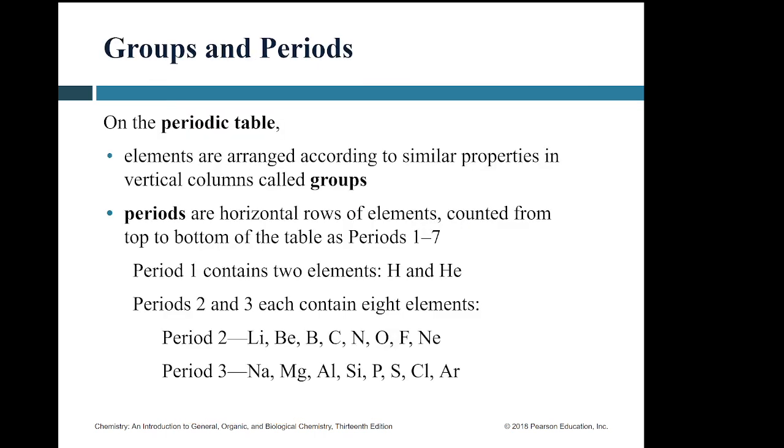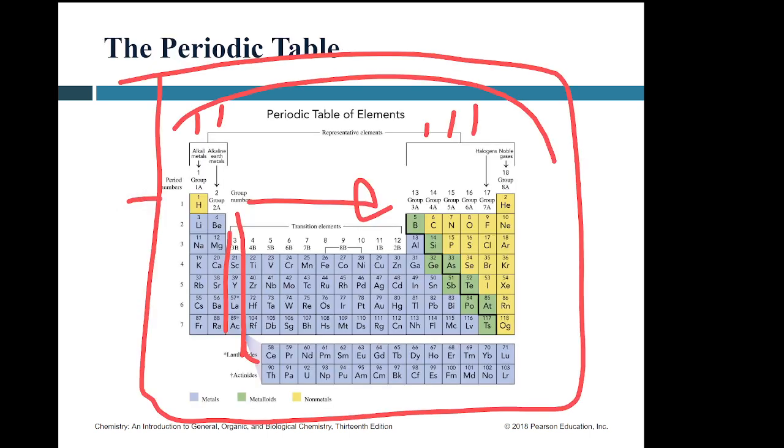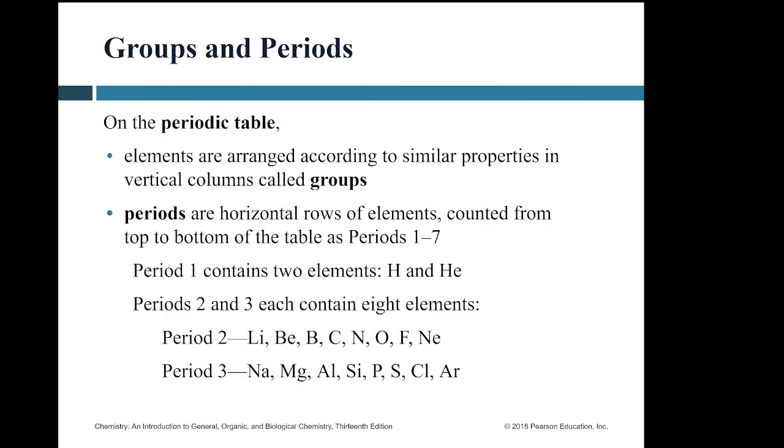So the periods are going to be the horizontal rows. Everybody remembers horizontal, right? These are the periods right here, going across. Okay, and they're going to be counted from top to bottom. They're periods 1 through 7 right now, though theoretically we might find something below those. Okay, they're probably very, very radioactive though, and very short-lived.